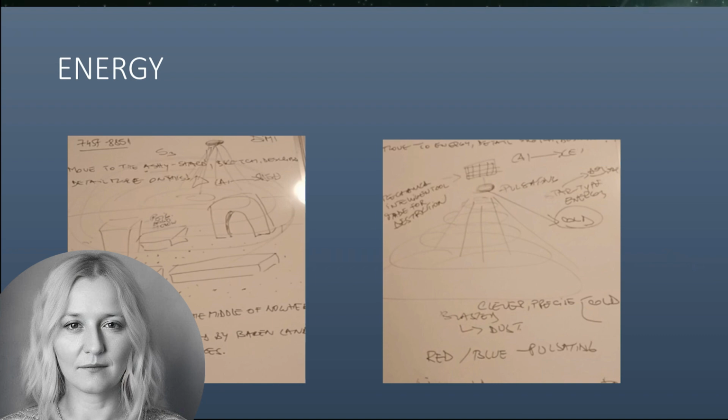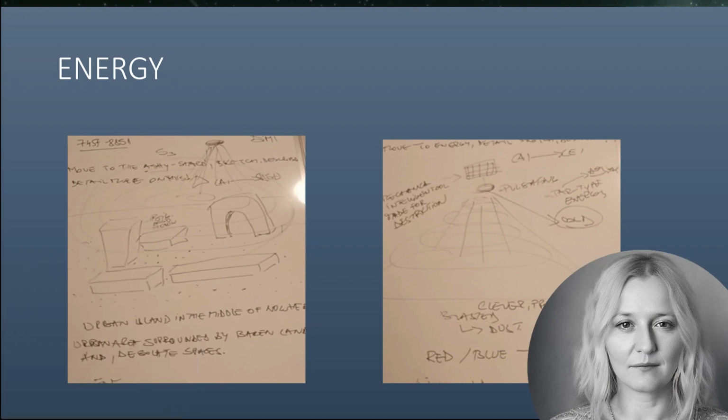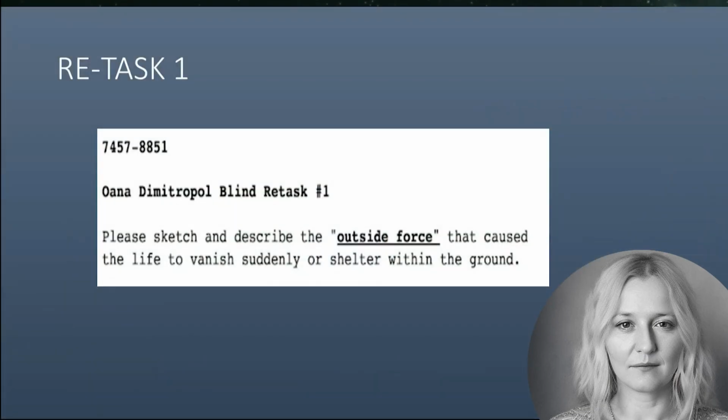This energy in the life in the right sketch felt really intelligent, really cold, clever, a destructive tool, precise, and it felt like a power of a star in that position. Let's move further.